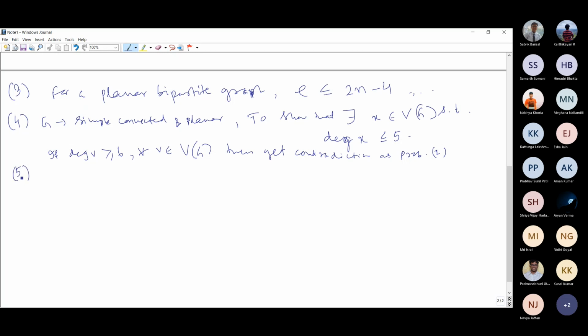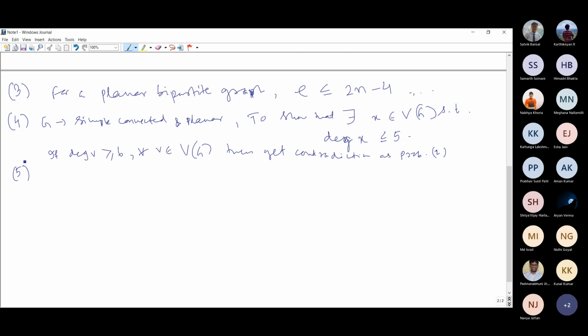Well, what is problem number 5? It says that every n vertex simple planar graph that is isomorphic to its dual has 2n minus 2 edges.